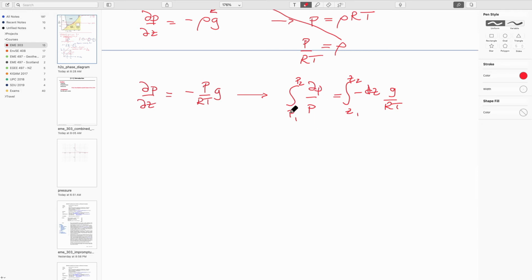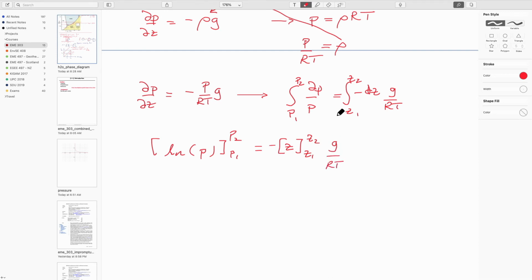So this is equal to log P, this integral, log P evaluated between those two limits, which are P2 and P1. And that's equal to, just going to be a linear component. It's going to be Z evaluated between Z1 and Z2, and G over RT.